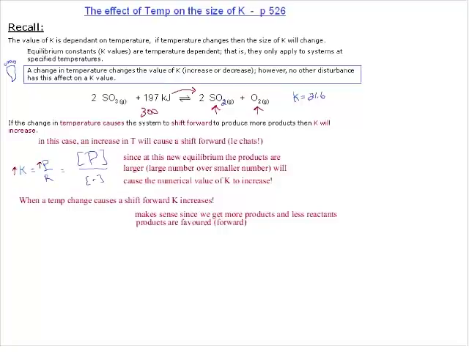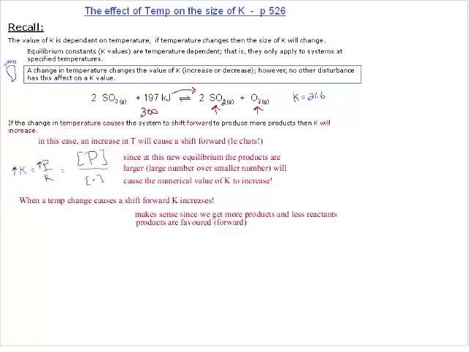If products go up, k goes up, only with a temperature change. So at this new temperature, the products are going to be larger. It's going to be a larger number over a smaller number. Therefore, K is going to increase. And it makes sense because of this temperature change, we're getting more products. The value of K is going up.